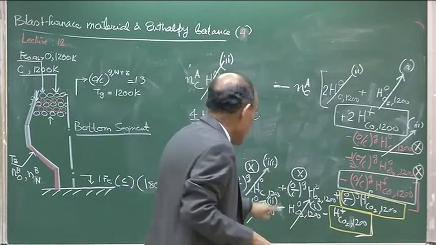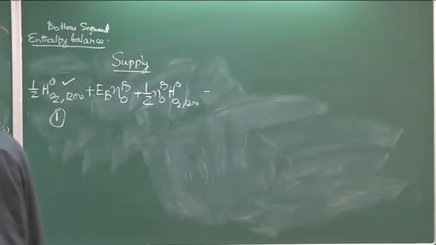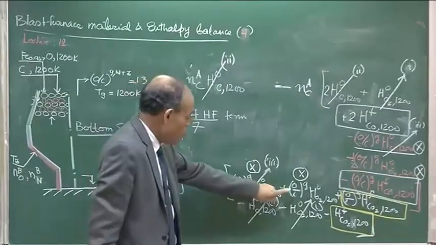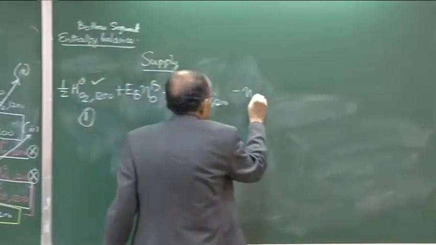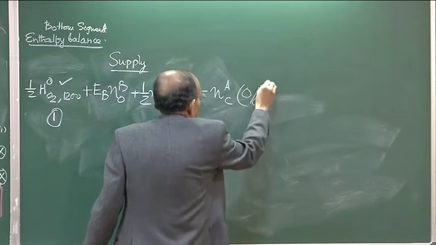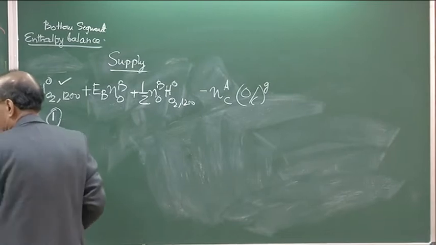So, I would say that this term is going to manifest as, let me see once again, minus NaC into O by C, from this minus NaC into O by C gas into oxygen. This is the term I am talking about now.